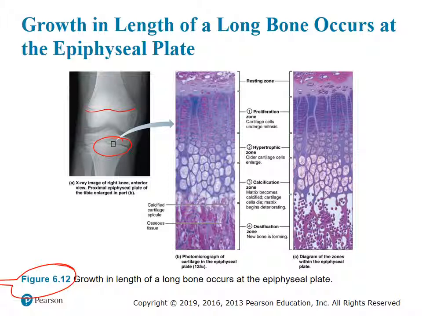So on the very top, just to draw a line, is the resting zone. We see the proliferation zone, and this is on the left, the photomicrograph and the drawing. So they do a really good job of almost matching this up exactly. The hypertrophic zone, the calcification zone, and the ossification zone.